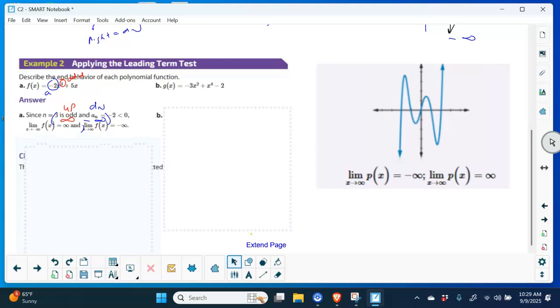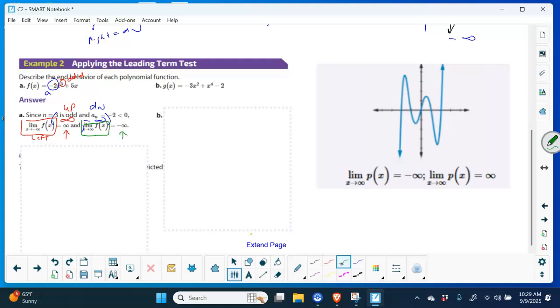Let me see if that's how they termed it. Okay, see, they used limit notation. So again, as I showed you a minute ago, that's the notation they used for the left. Notice they got infinity. And this is the notation they used for the right. And notice they got negative infinity.